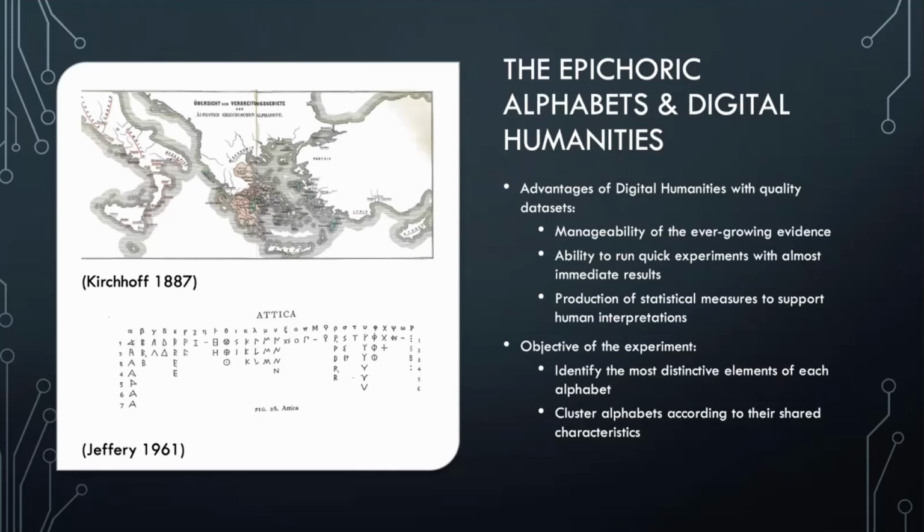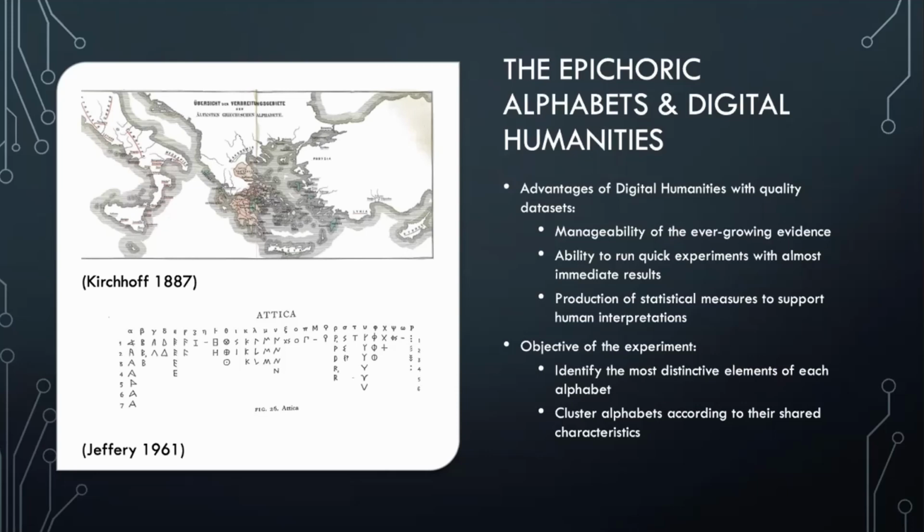So here I will present an experiment that addresses the two main issues that the researchers mentioned above intended to elucidate. To start with, what are the most distinctive elements of each alphabet? And also, how can we cluster them in groups according to their shared characteristics?